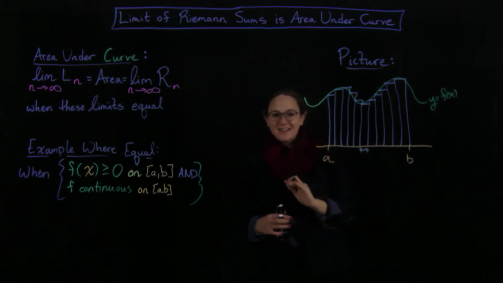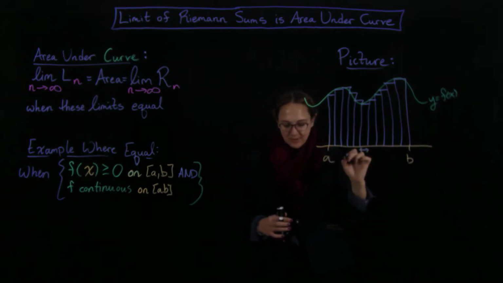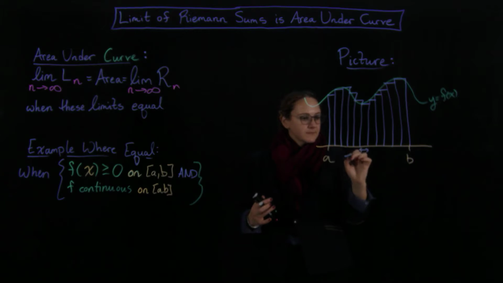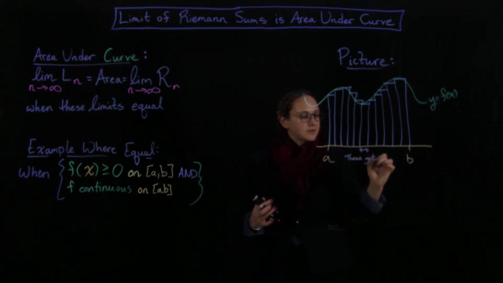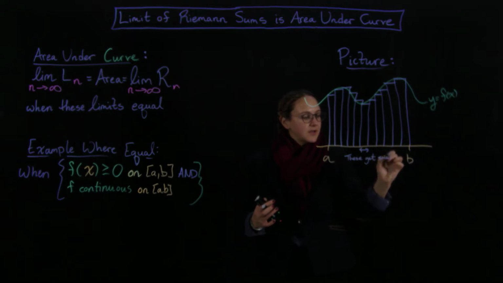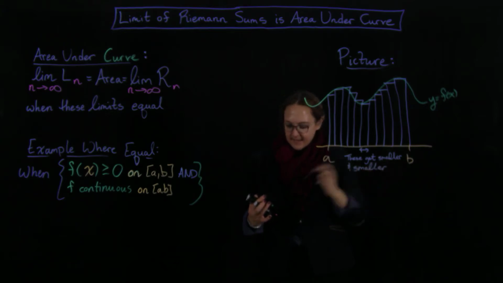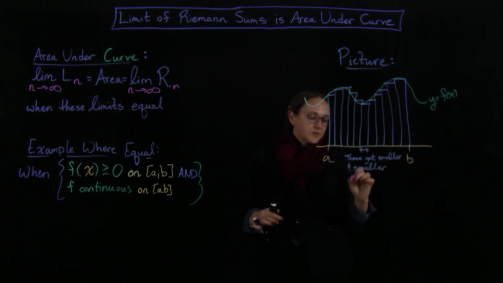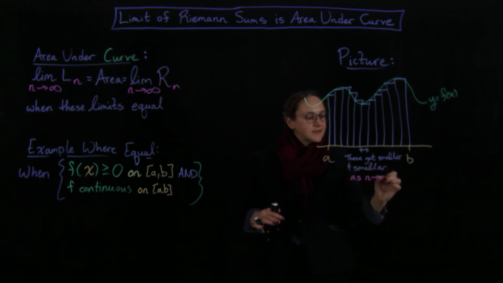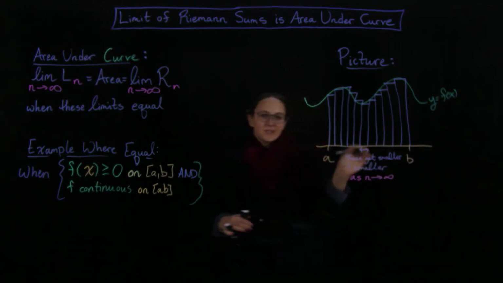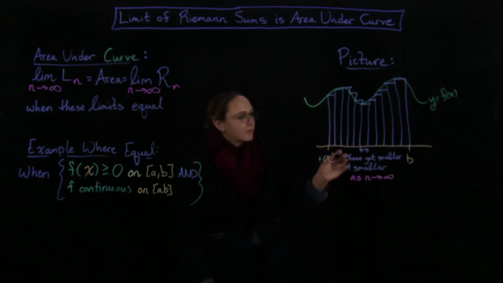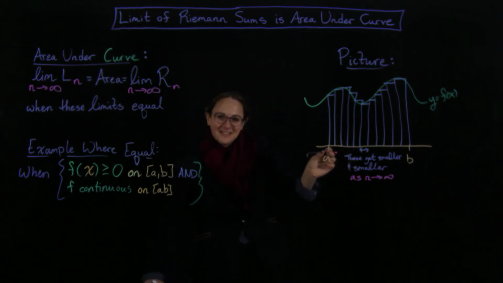What's happening is that these get smaller and smaller. I know that n is getting bigger, but these get smaller and smaller, or your delta x gets smaller and smaller as n goes to infinity, because we're chopping it into more and more pieces, and more pieces mean less and less width.